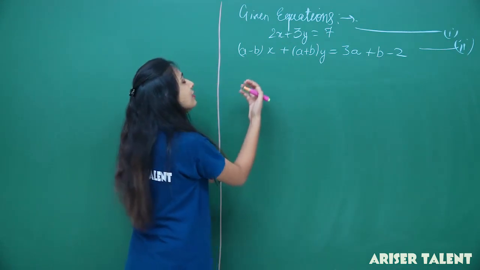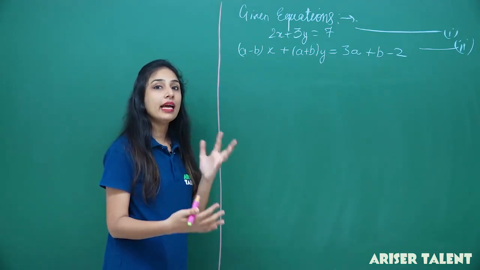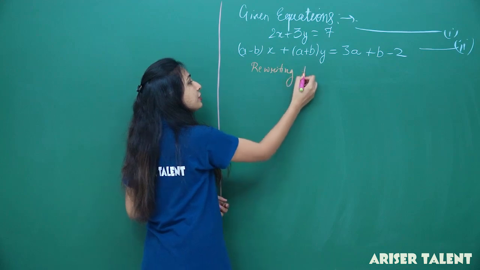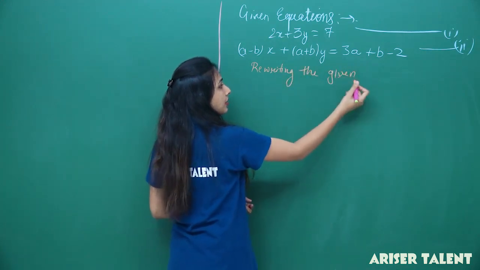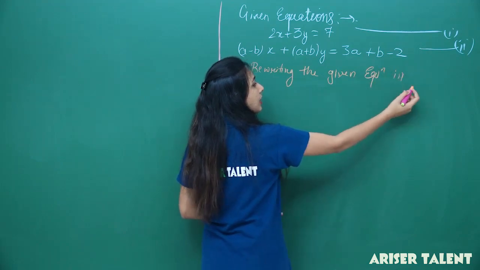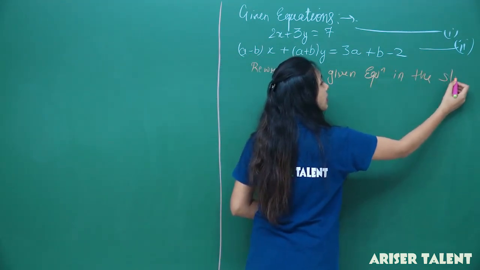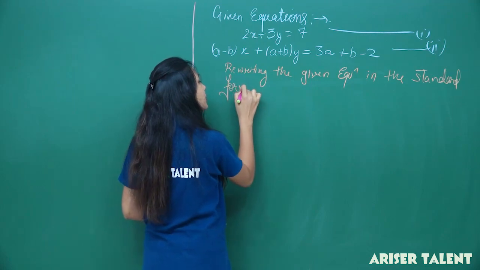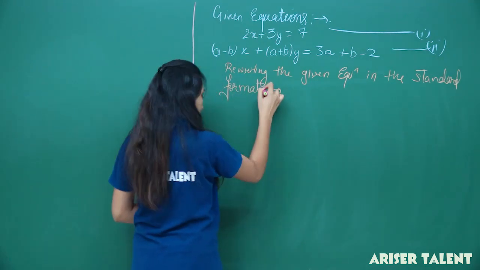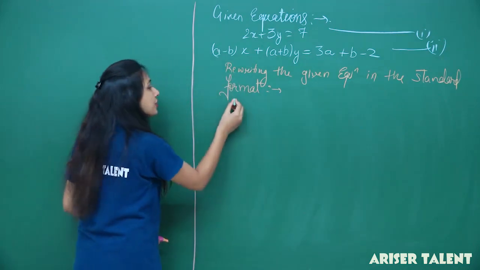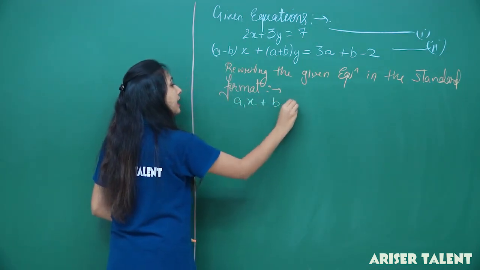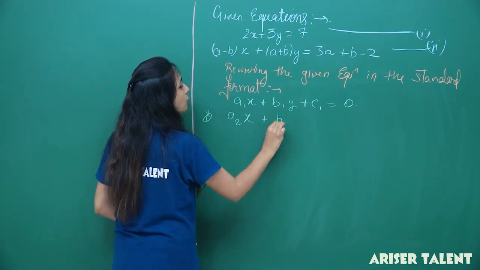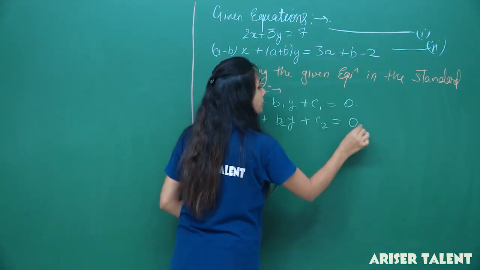Simply, I'll rewrite the given equations in the standard format, which is a1x plus b1y plus c1 equals 0 and a2x plus b2y plus c2 equals 0.